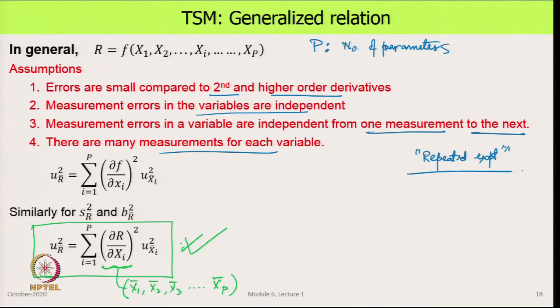This is our full form of what you may call the law of uncertainty propagation, or just uncertainty propagation, or as what we have always called this, the Taylor series method of uncertainty propagation.